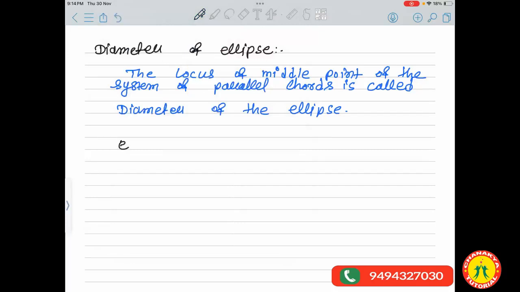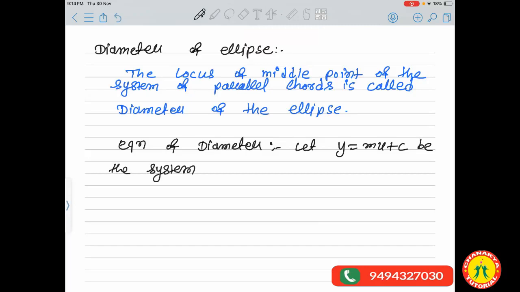We know that. So we need to find the equation of the diameter in slope form. Let y is equal to mx plus c be the system of parallel chords.